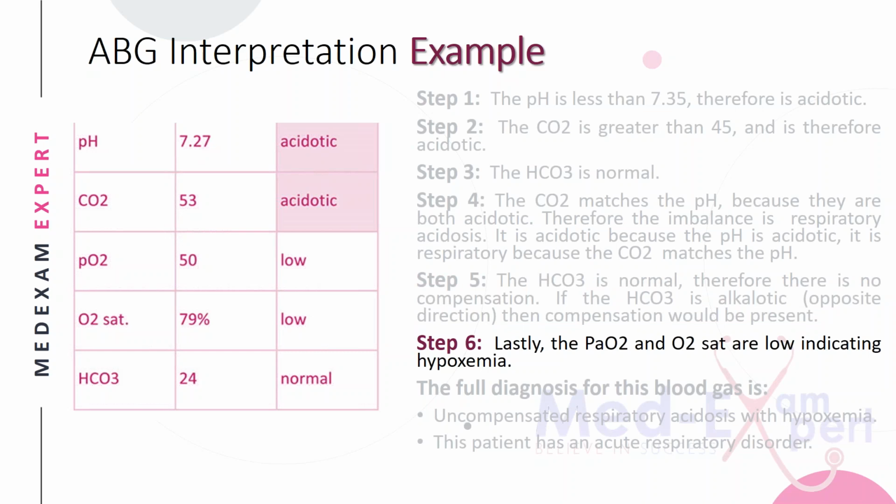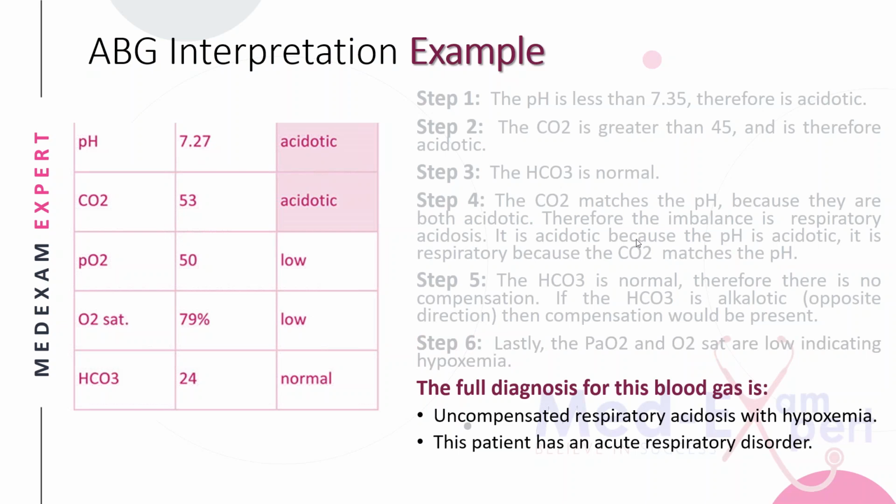This means that there is some sort of hypoxemia, and here I can reach my final diagnosis, which is uncompensated respiratory acidosis with hypoxemia. Of course, this indicates that the patient has an acute respiratory disorder, which leads to underventilation and accumulation of the CO2.